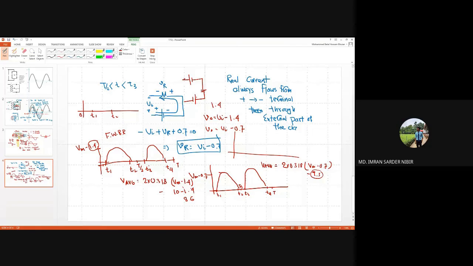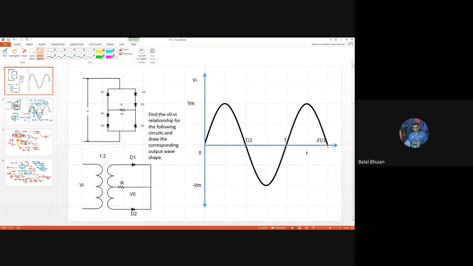Okay. So these are the circuits. The last one I'm not going to show in detail, because it is essentially a full wave bridge rectifier, but instead of 4 diodes, we have 6 diodes. Here there are 2 diodes, here there are 2 diodes. So during the positive half cycle, how many diodes do we have to pass through? 1, 2, 3, 4.